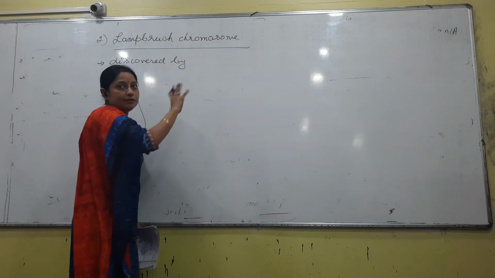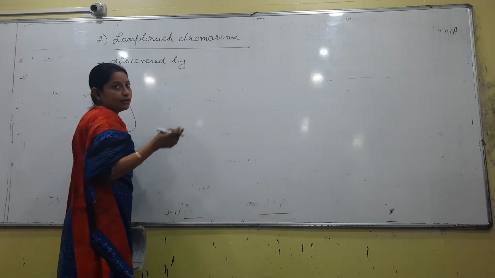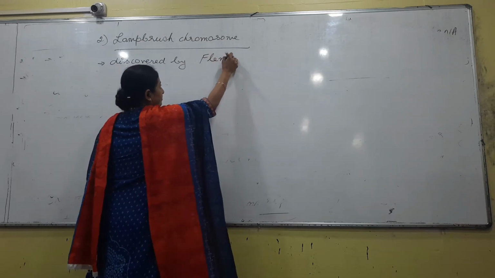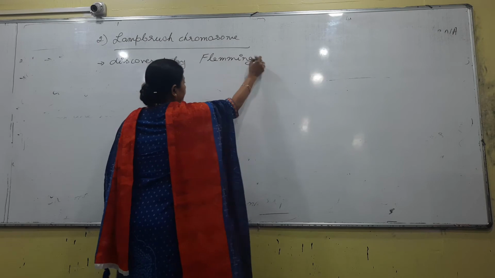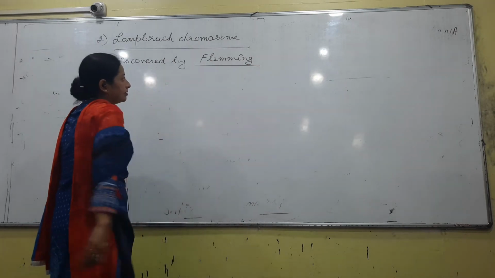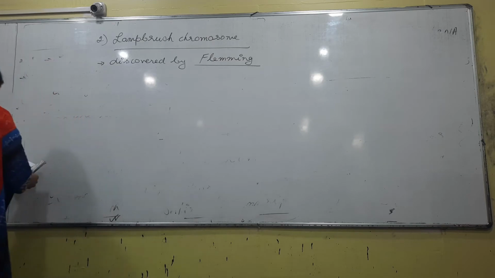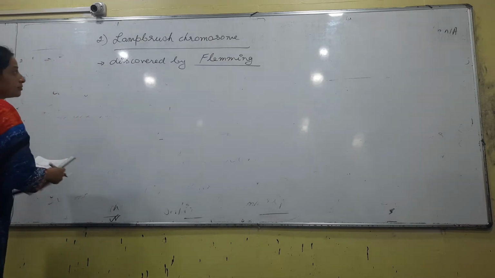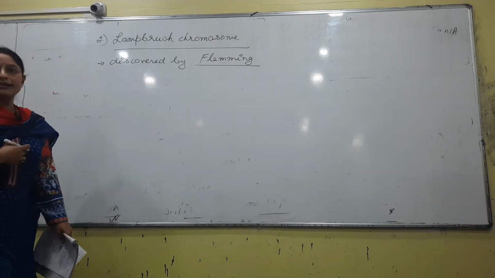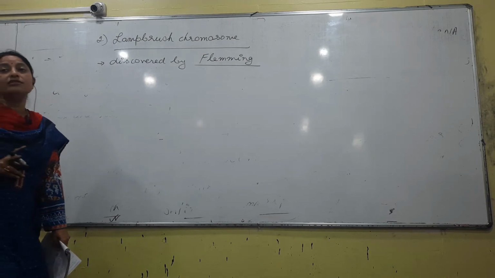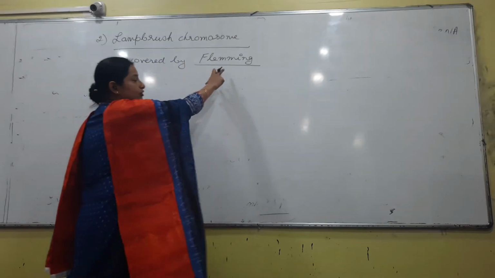Who discovered it? You have to keep two scientists' names in mind: one is Balbiani, the other is Fleming. And if you talk about Fleming, another point from the cell cycle point of view, Fleming was the one who had discovered mitosis also, right? So you have to remember mitosis too.